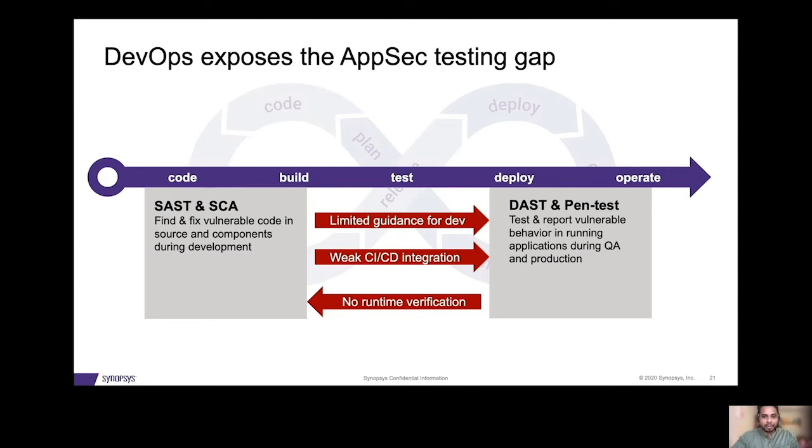While SAST can be used early in the SDLC, it doesn't detect many of the real vulnerabilities that only show up during the running of the application. DAST and pen testing are complex and used late in the SDLC and don't integrate very well into the workflow of CI/CD pipelines, making it costly and time consuming to fix vulnerabilities that are found.